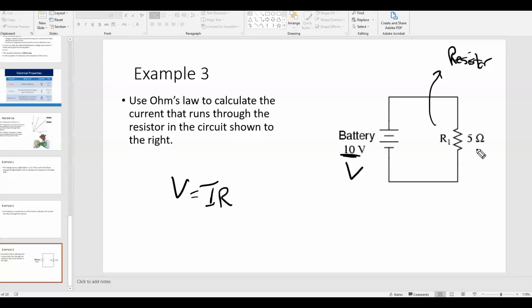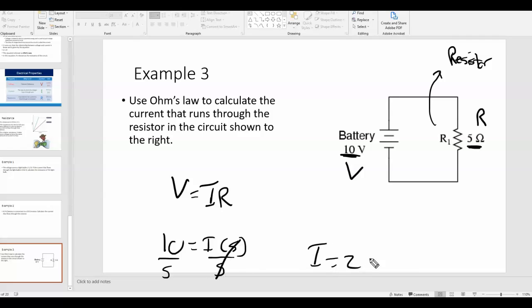We know what that is because of the unit: 5 ohms is the resistance. So this is 10 equals I times 5, divide by 5, divide by 5, and you get I equals 2 amperes. So the current flowing in the circuit is 2 amperes.